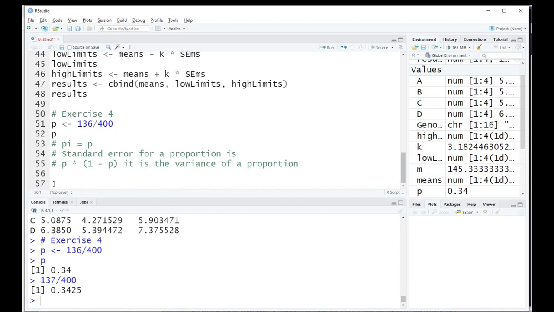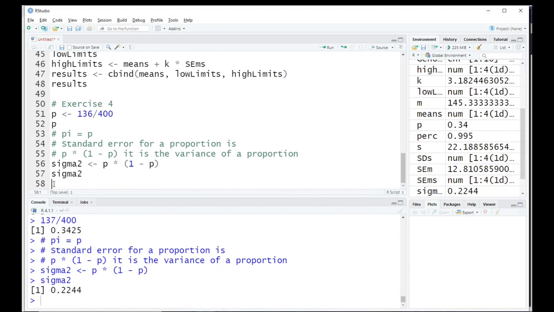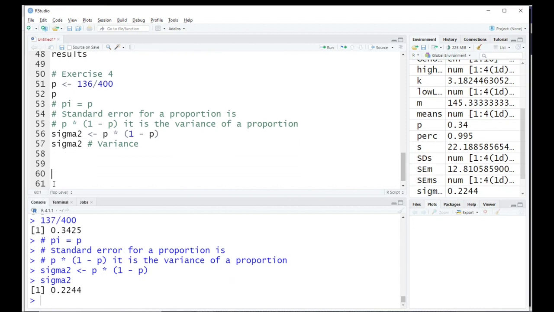In this case, it is P multiplied by 1 minus P, that would be the variance, sigma squared. Here we go. That's the variance. And we know that the standard deviation is the square root of the variance.